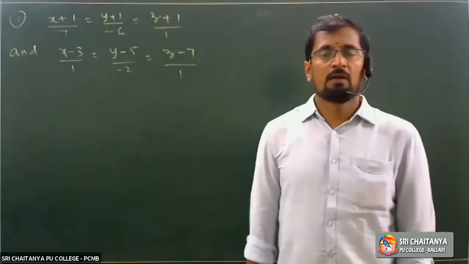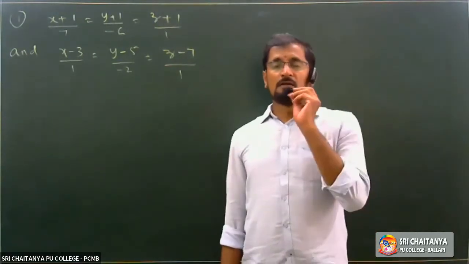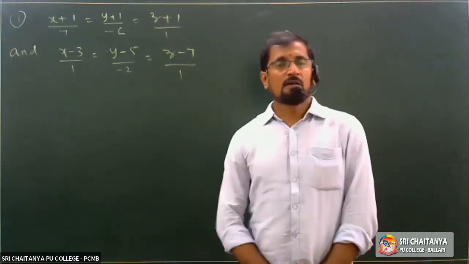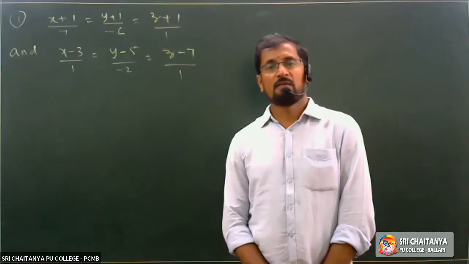What is the formula for that shortest distance if Cartesian form has been given to you?